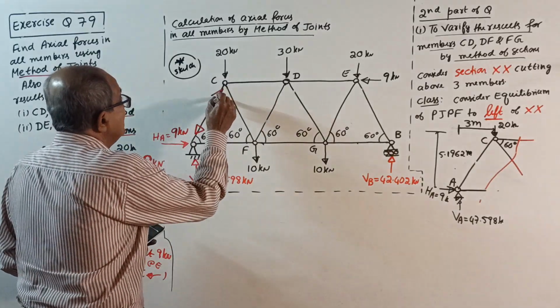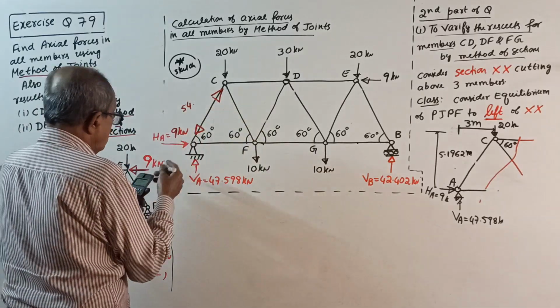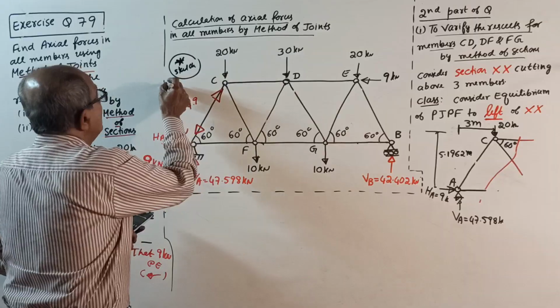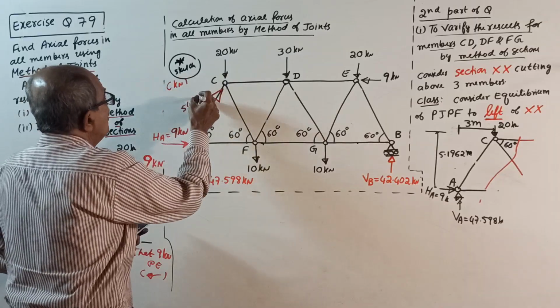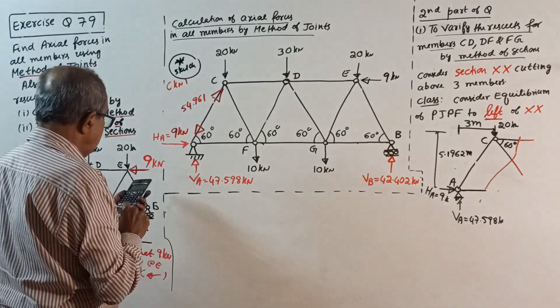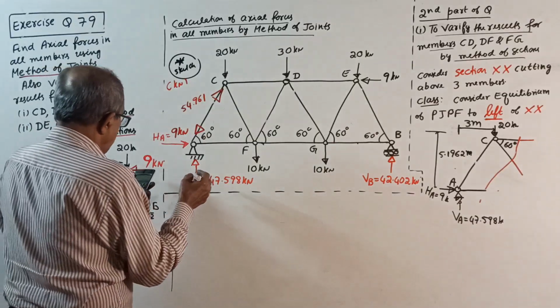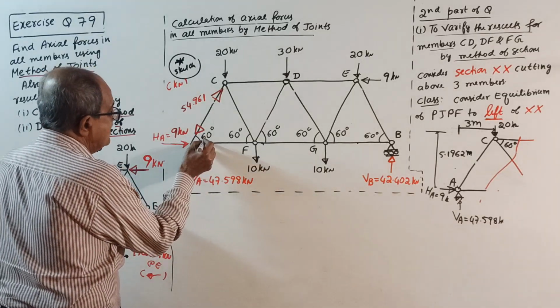But I won't explain why, this is an exercise question. 54.961, all values are in kilonewton. I do not want to waste space here. 54.961 into cos 60 is something on this side, minus 9, equals 18.481.